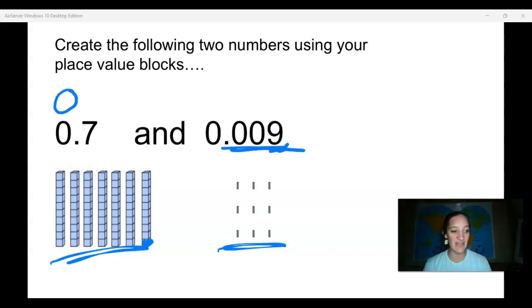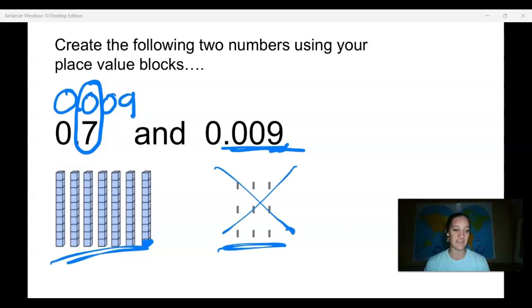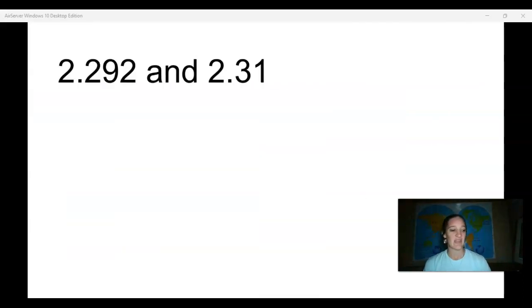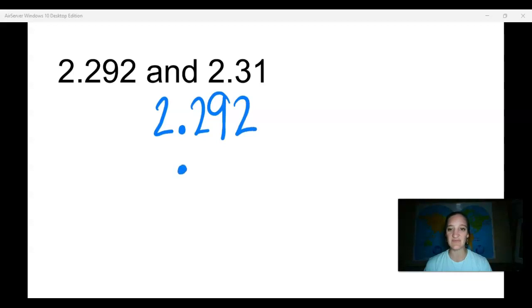Line them up. If we were to line these up, we would see that this has no tenths, and this has 7/10. So the 7/10 is way bigger than 0/10. If we were to line these up, I write down my first number, and then I make sure my decimal is right below it, with the 2 in front of the decimal and the 31 behind the decimal.